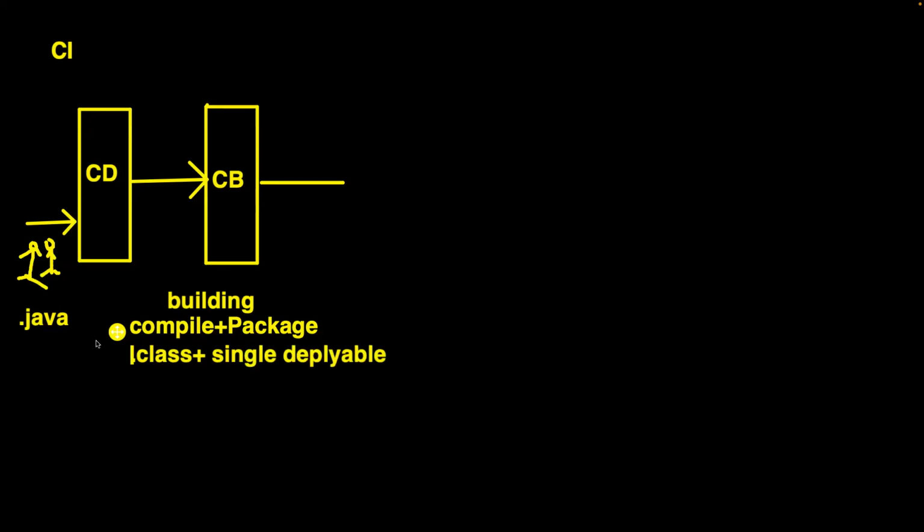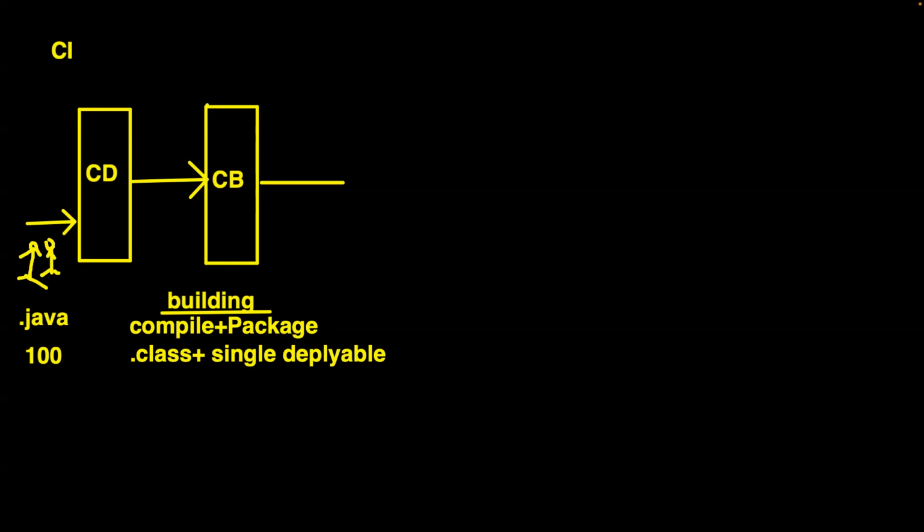Let's say there are 100 .java files; 100 .class files will be generated when you compile. Then all of them would be packed into a single deployable file. All of this put together is called building the code. Got an idea now what building is? Yes. So this is called building the code.